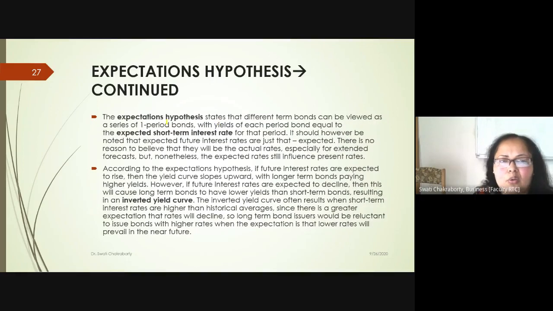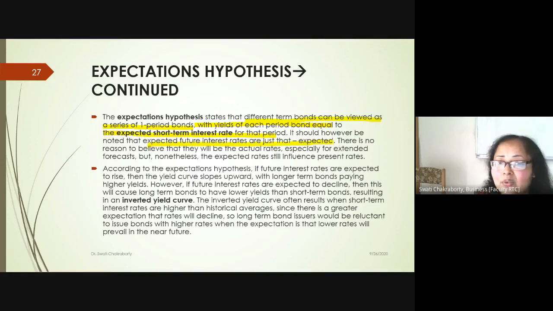Now the expectation hypothesis that we're talking of states that different term bonds can be viewed as a series of one-term bonds, with the yield of each period's bond equal to the expected short-term interest rate for that period. But note that the expected future interest rates are just that, expected.